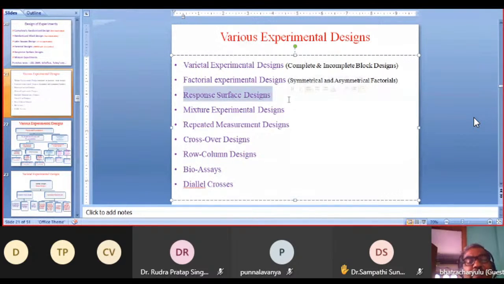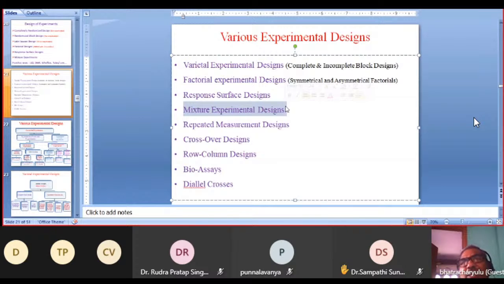And another type is mixture experimental designs. In mixture experiments we also apply combinations, just like in the factorial experiment. Let's suppose a gold item is prepared with some percentage of copper and some percentage of gold, for every 10 grams of gold, 1 gram of copper is added, and I want to study the strength.